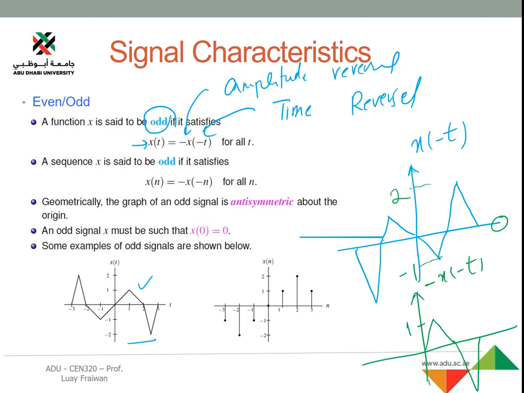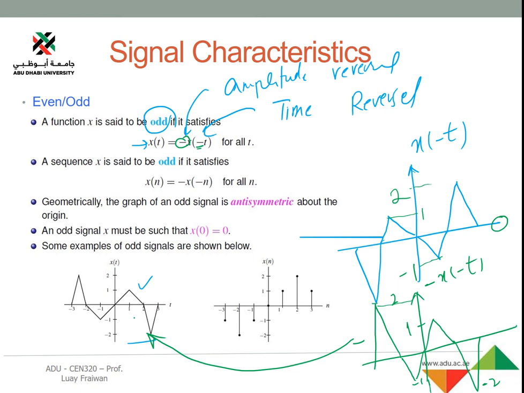This part, for example plus 1, will become minus 1, and this minus 2 will become plus 2. If you see this signal and the original signal, they are the same. So if you get the original signal after performing two operations, time reversal and amplitude reversal, such a signal is called an odd signal.